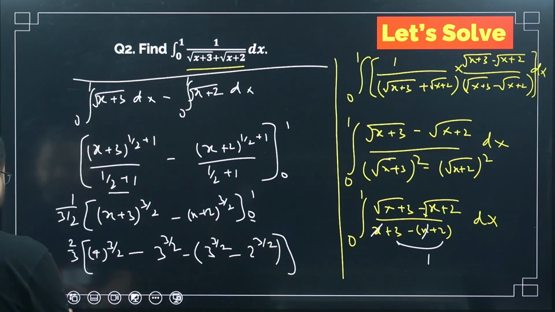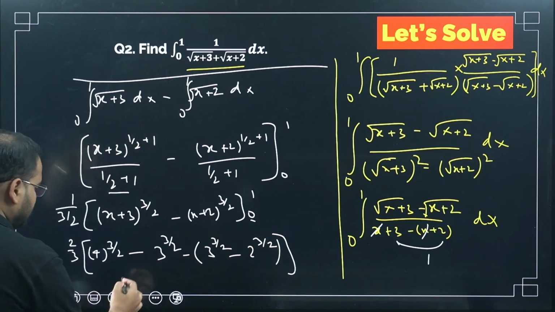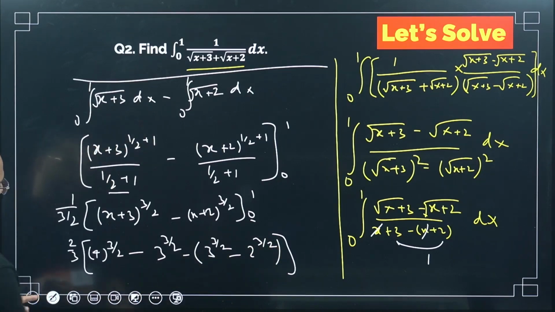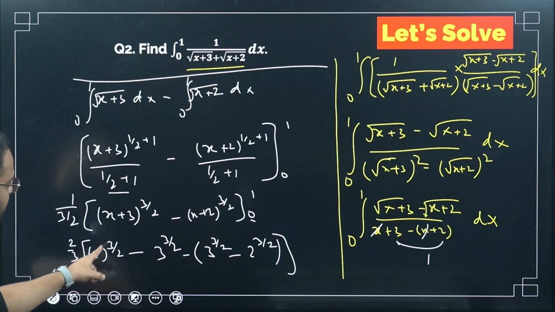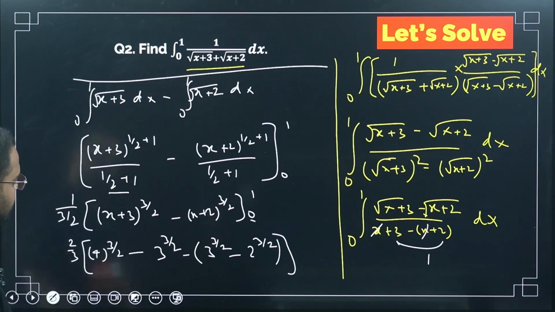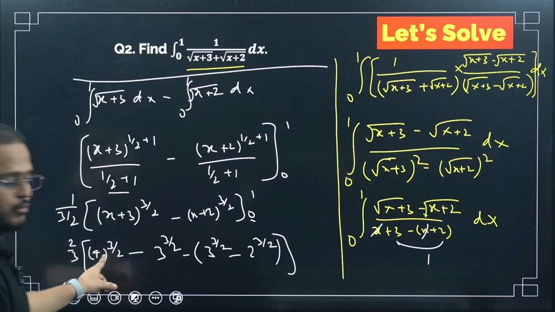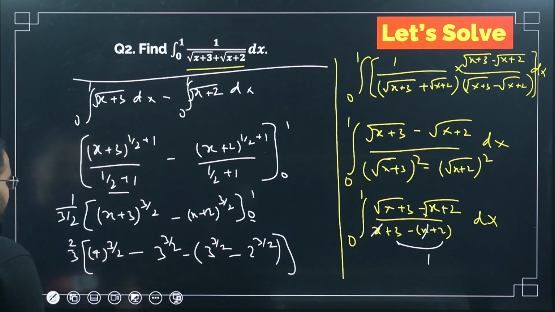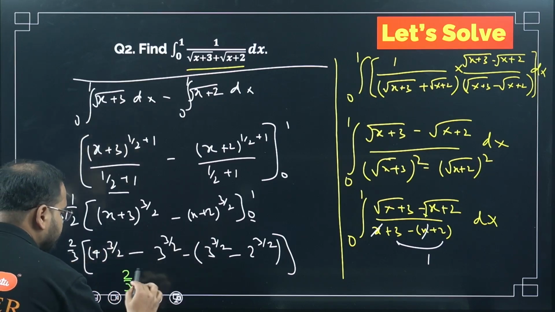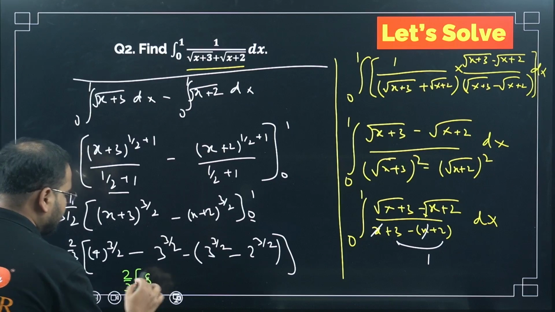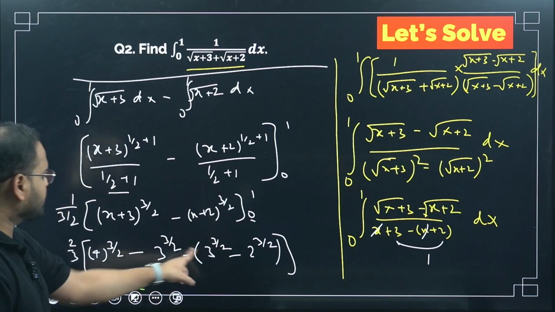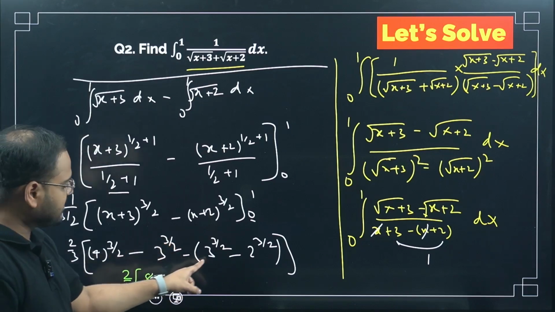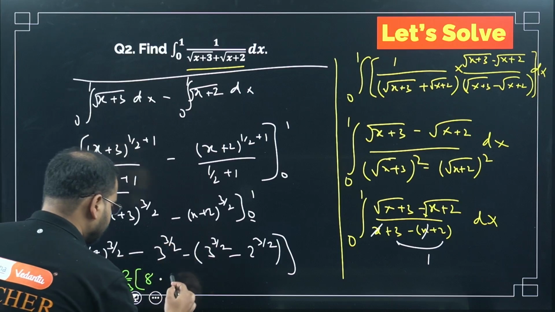I can simplify it. This will look like this. Please have a look. This is simply what? 4 square, right? I can write it as 2 power cube. Please check, 4 power 3 by 2: 4 is nothing but 2 square, so this 2 and this 2 will cancel. So I can write it as 2 by 3, 8 is there. I can just take this together. Minus 3 power 3 by 2 minus 3 power 3 by 2 will become what?